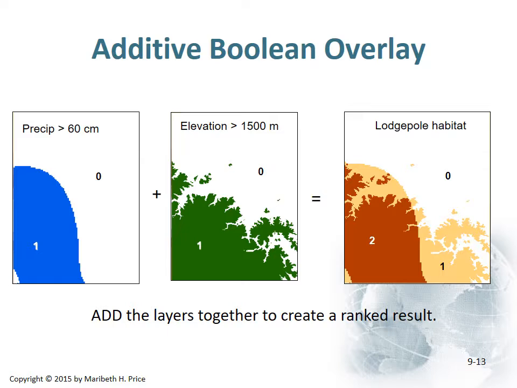So think of this as a kind of rating or index, where the higher the value, the more likely it is you're going to find that particular, in this case, tree community in those cells that have the higher scores. It's more suitable for being habitat that the tree species can thrive in. The 1, in this case, would be more marginal.